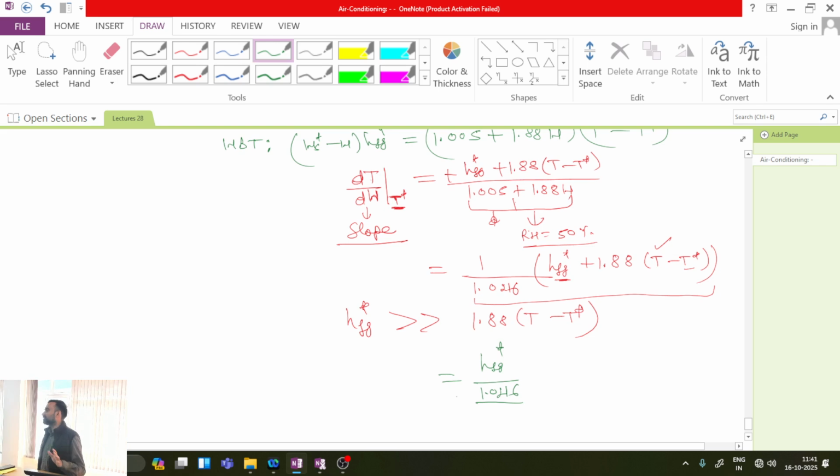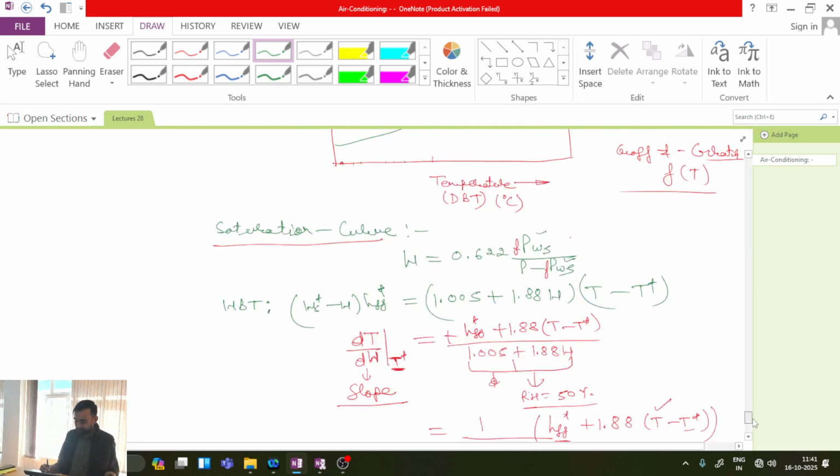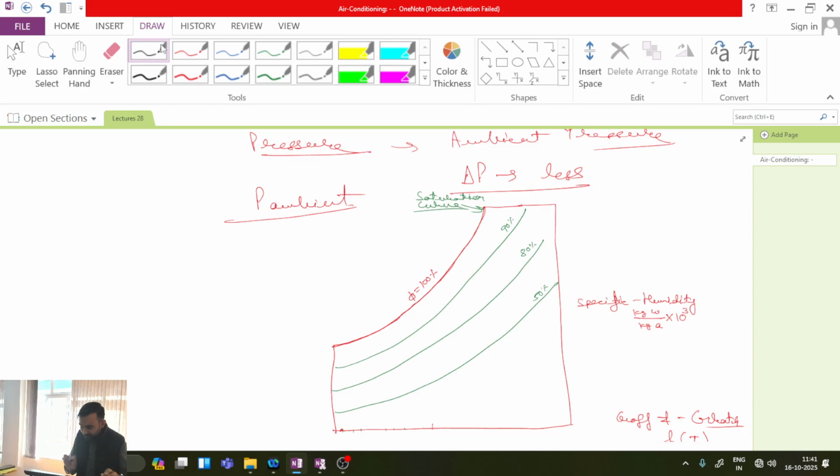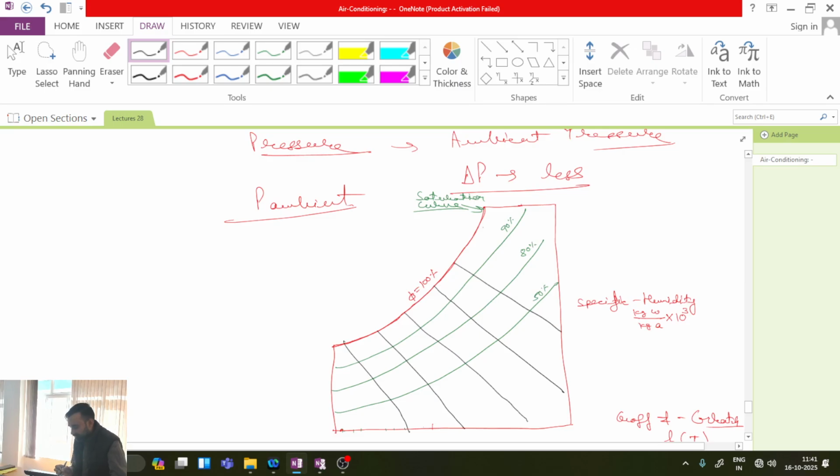Now it has become a constant slope. Is this point clear? What does it mean? It means that my constant wet bulb temperature lines can be represented as straight lines.